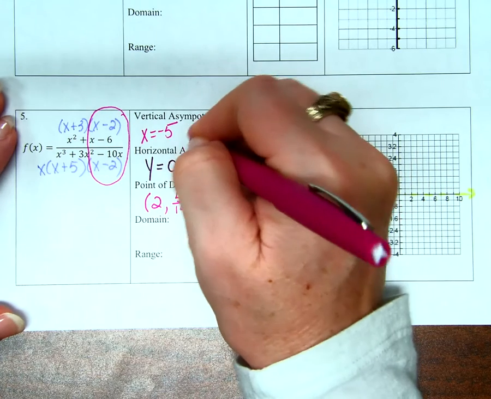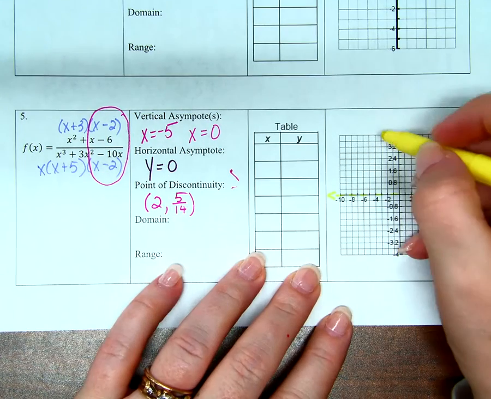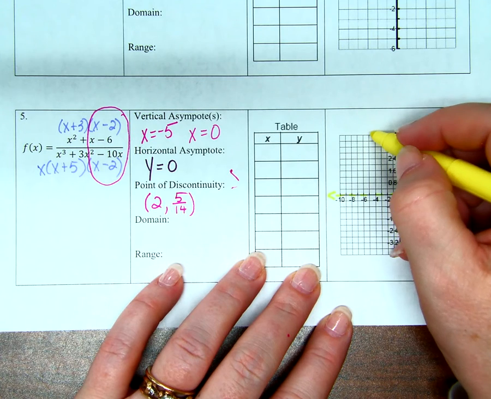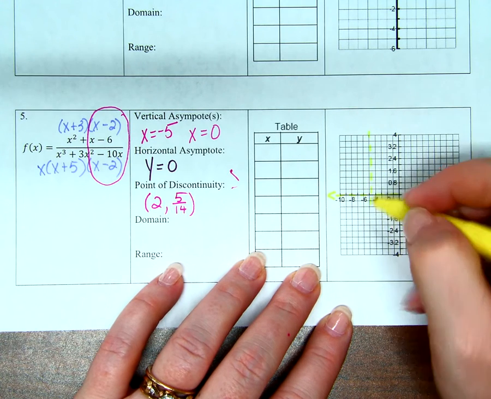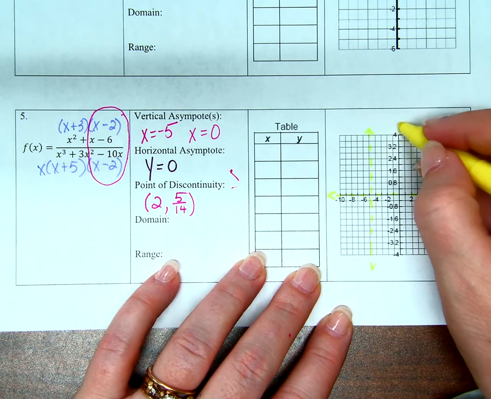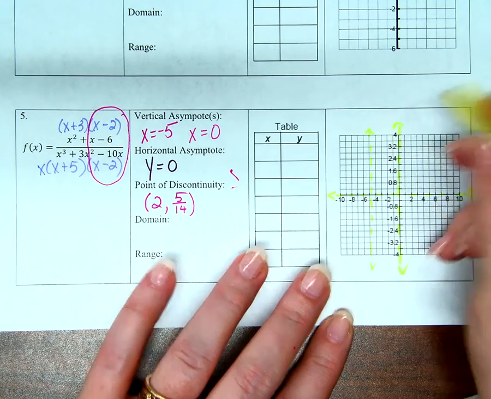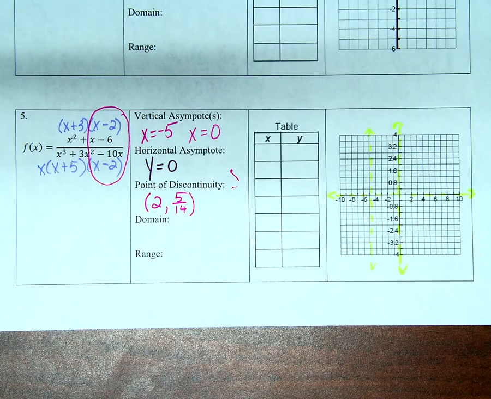X equals 0. For sure. So I've got my horizontal asymptote graphed. Here's one of my verticals right there at -5. And then here's the other one at 0. Okay with that?